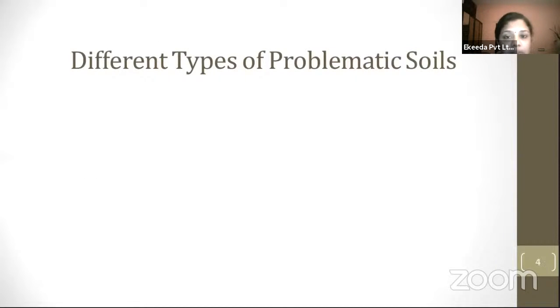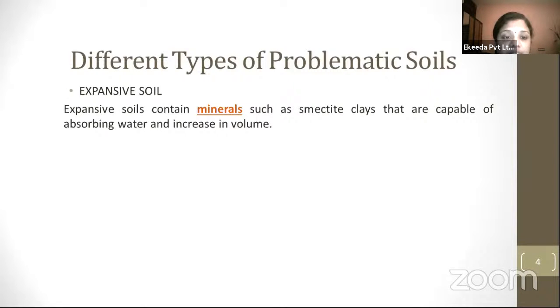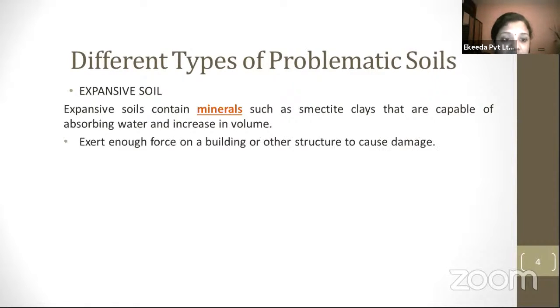So what are the problematic soils? Different types. First is expansive soil. Expansive soil contains minerals such as montmorillonite clays that are capable of absorbing water and increasing in volume, thus exerting enough force on buildings or other structures to cause damage.